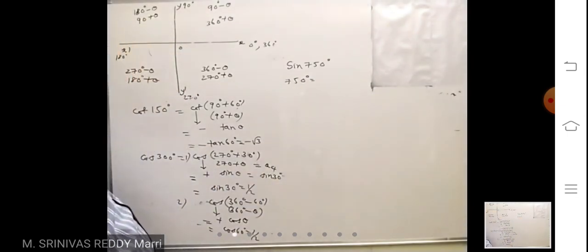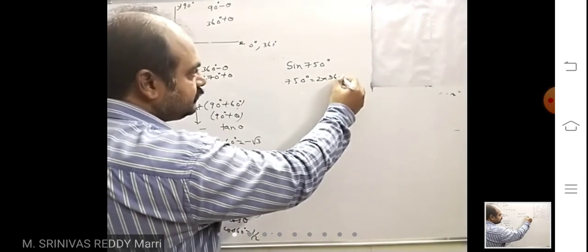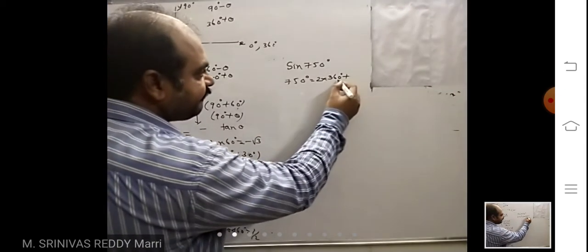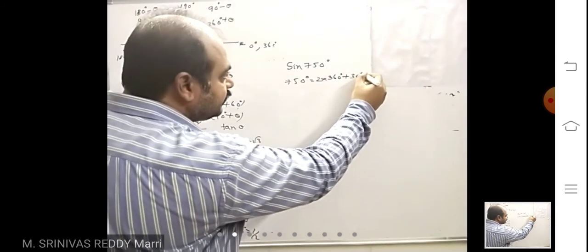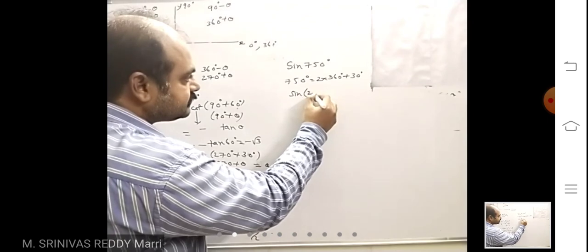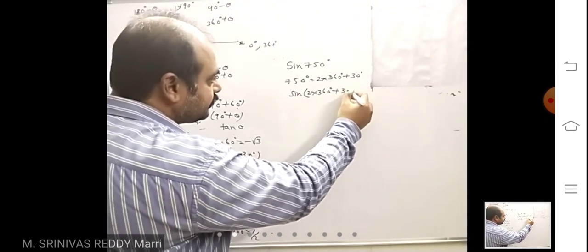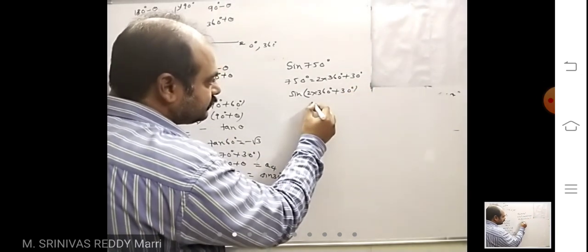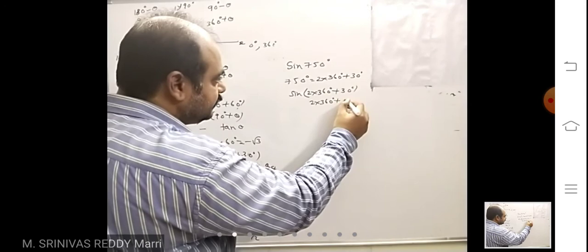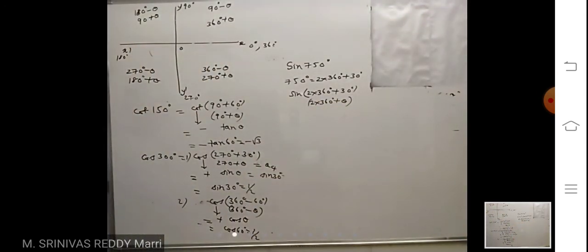In terms of multiples of 360, you write. This can be written as 2 into 360 degree, that is 720, plus 30 degree. That means sine of, you can write like this, this is a form 2 into 360 degree plus theta.